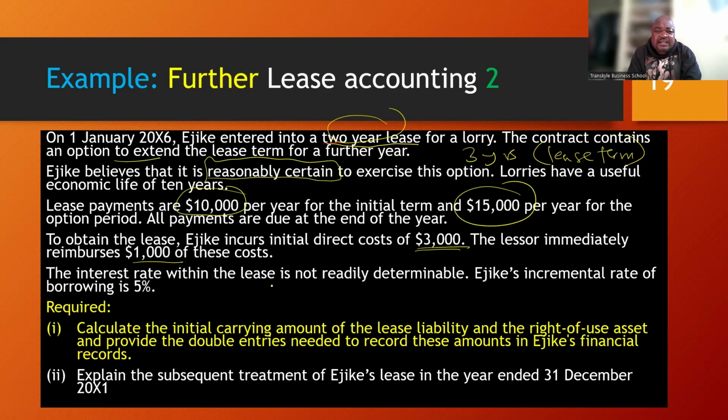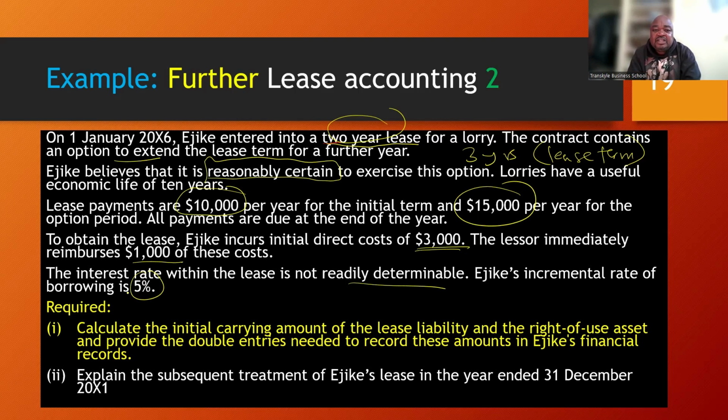The interest rate within the lease is not readily determinable. ACCA's incremental borrowing rate is 5%, which is allowed by the standard. You can use the incremental borrowing rate, and we talked about this rate earlier on in the video.